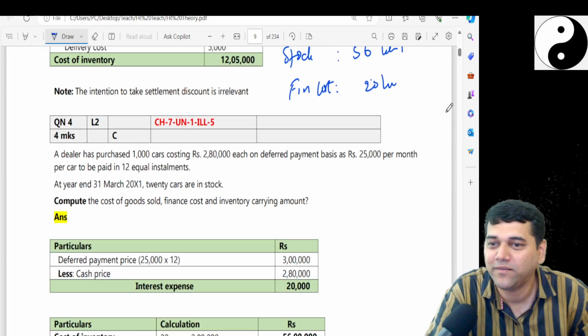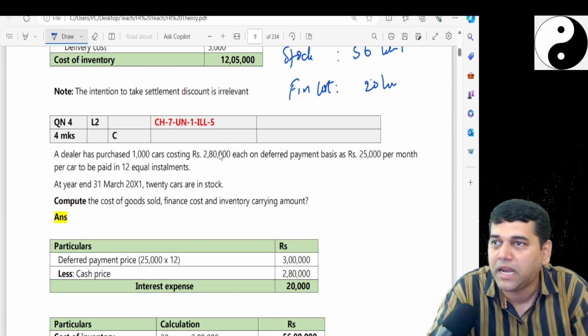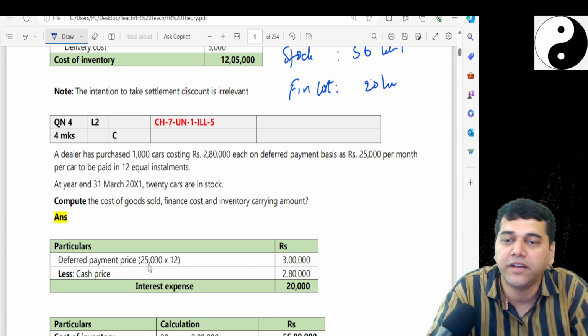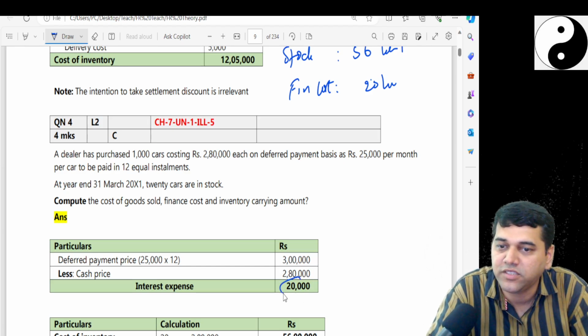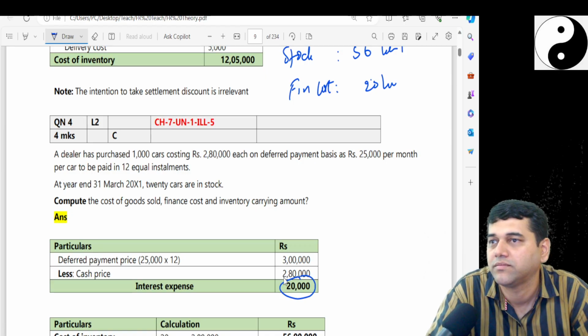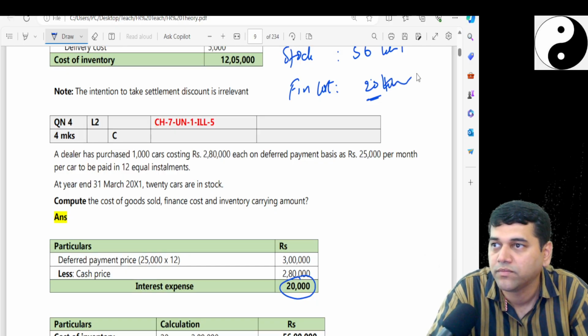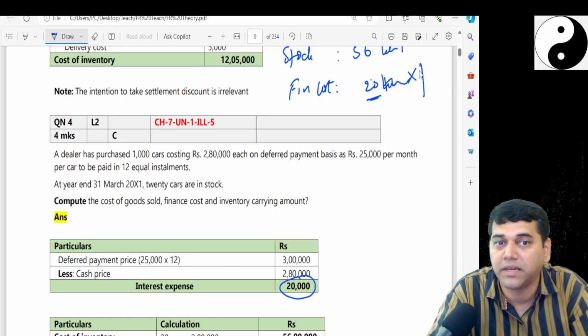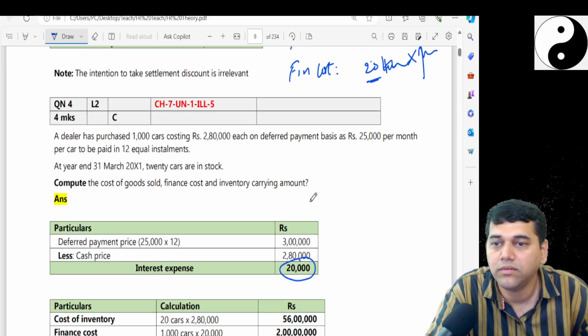See, first of all, your car is costing 2.8 lakhs, and by doing deferred payment, how much do you end up paying? 25,000 into 12. So your total interest expense is 20,000. That's your finance cost, 20,000 per car. Now, that's what they said, compute.